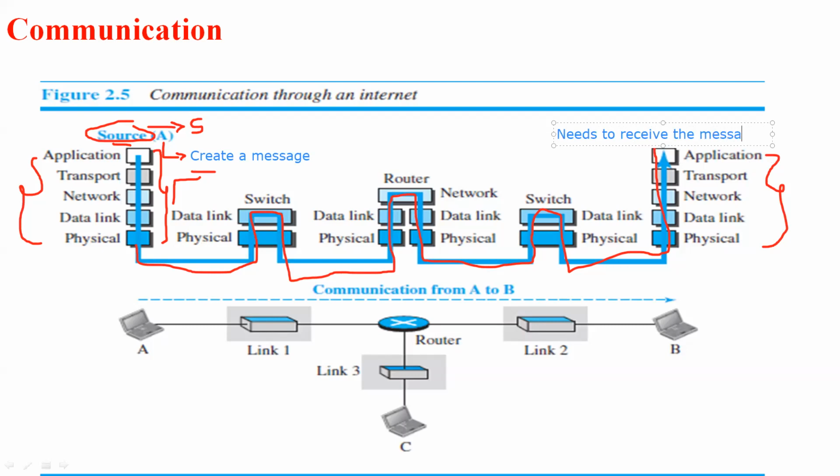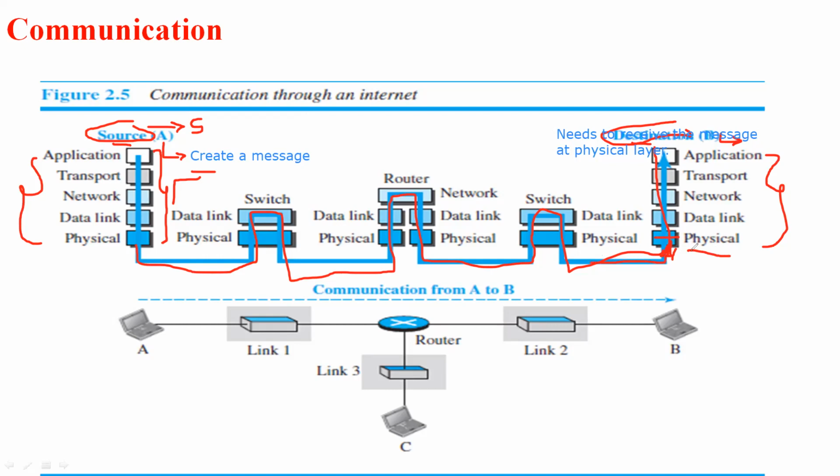Whatever message is sent by the sender, the destination node eventually receives it at the physical layer. So whatever message is sent by the sender is eventually received at the destination node's physical layer.